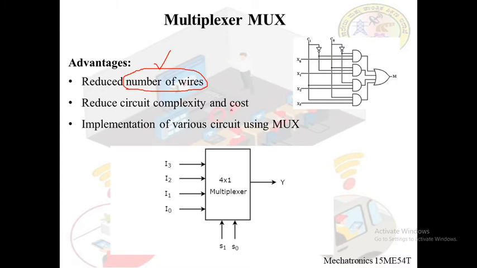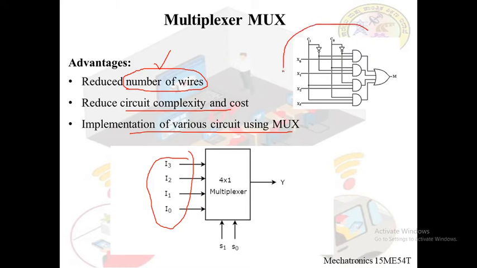It reduces circuit complexity and cost. The circuit complexity is reduced because the number of lines required is very small. Implementation of various circuits with a mux is possible because the same set of sensor values can be fed to different circuits without using any additional resources.